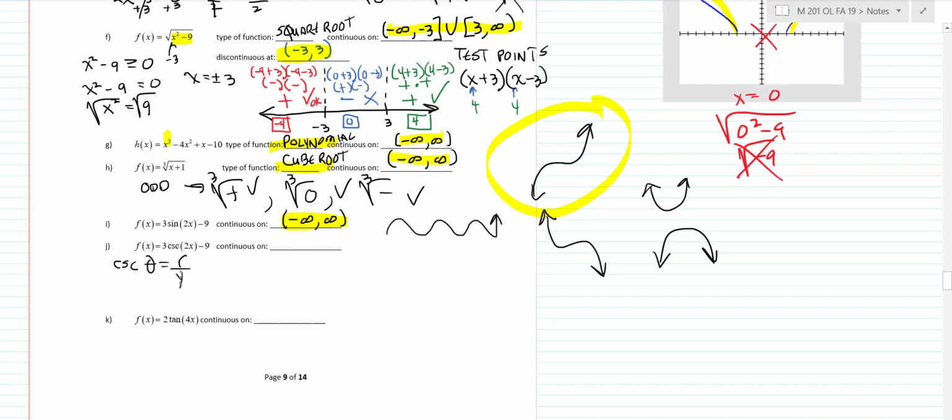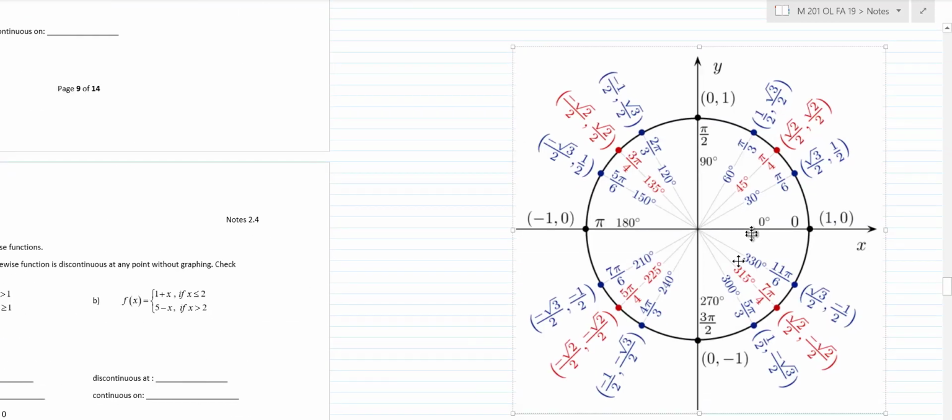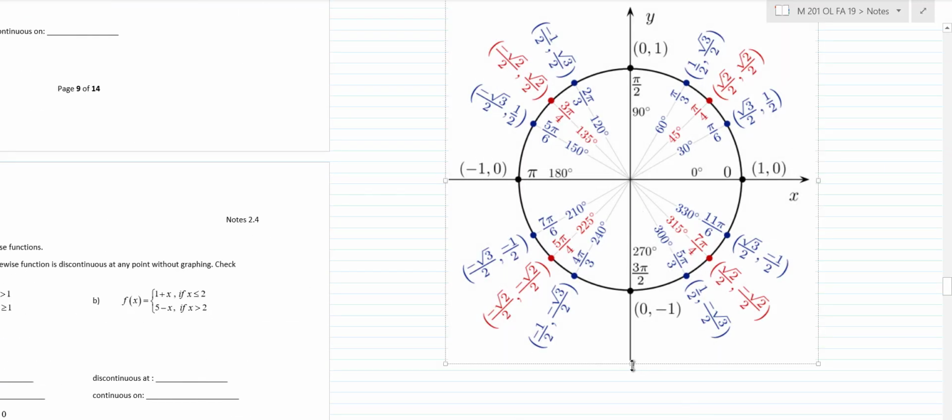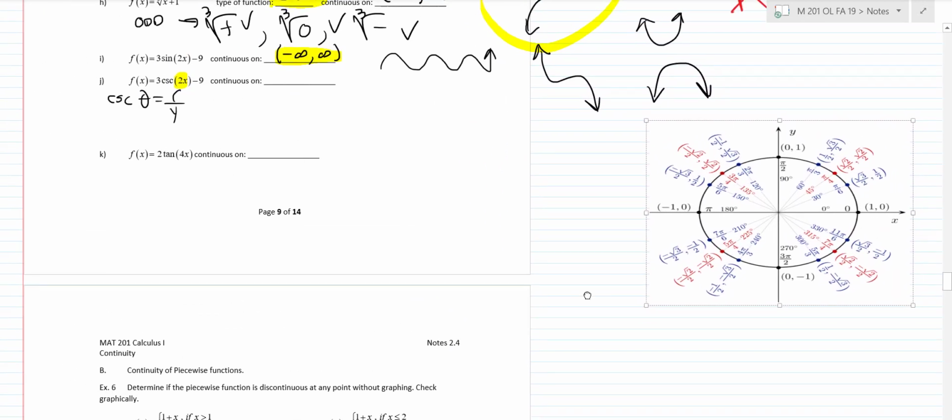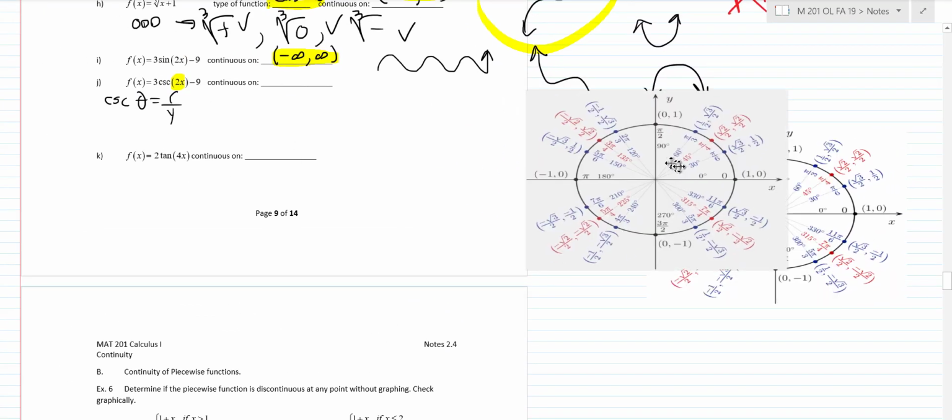So I got to figure out what makes this thing right here undefined, okay? So I'm going to pull up my unit circle again and show you what my thought process would be like on this and how you could do a quick calculation to figure this out.